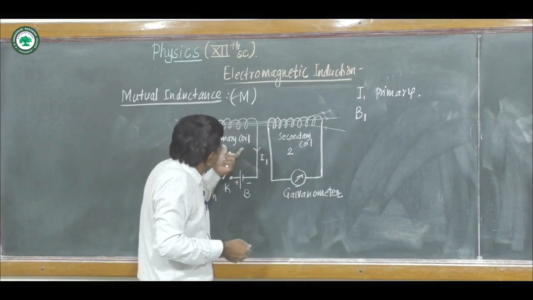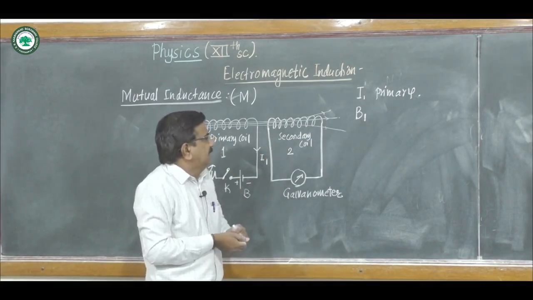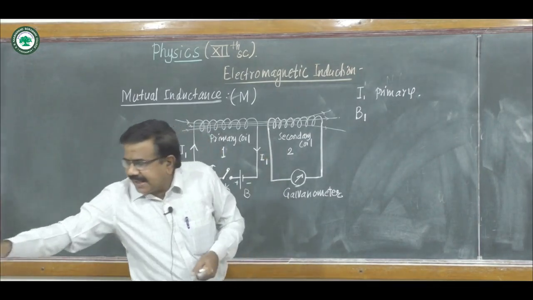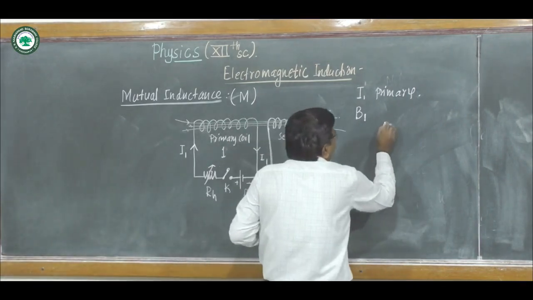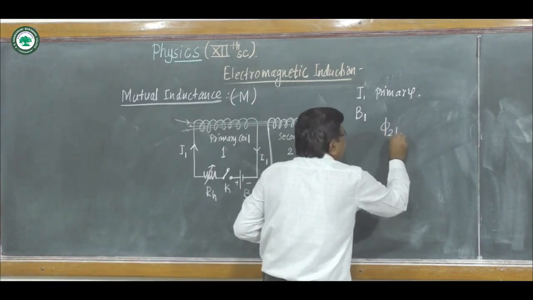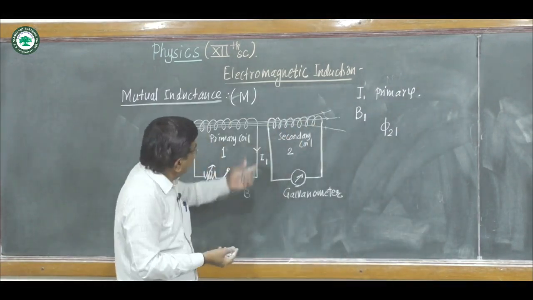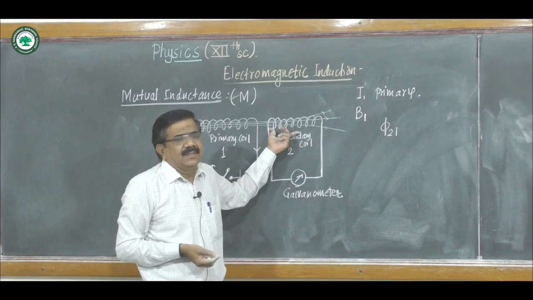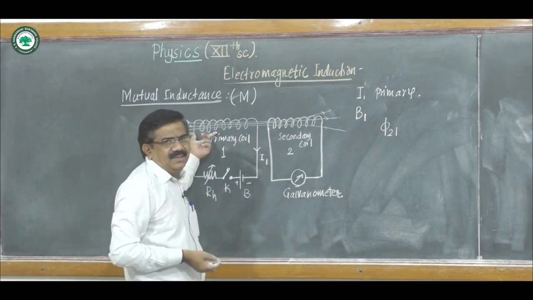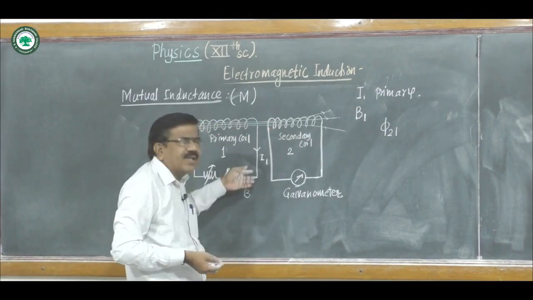Suppose due to this magnetic field, there is a magnetic flux phi 21. What does it mean? Magnetic flux in the second coil due to the first, because current is changing in the first.